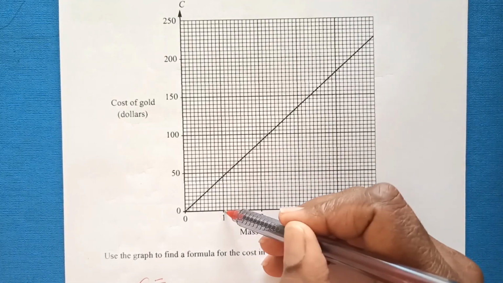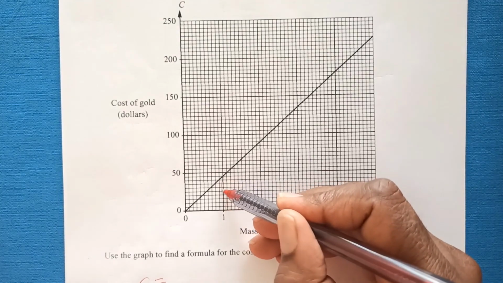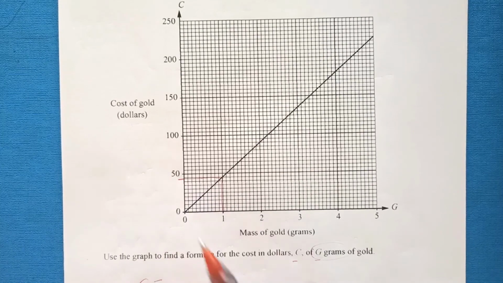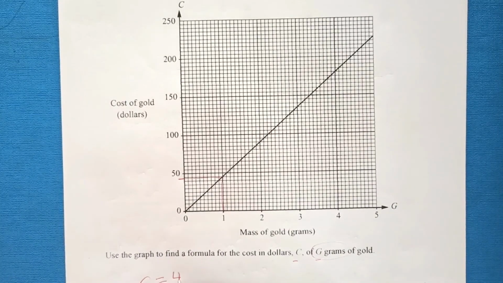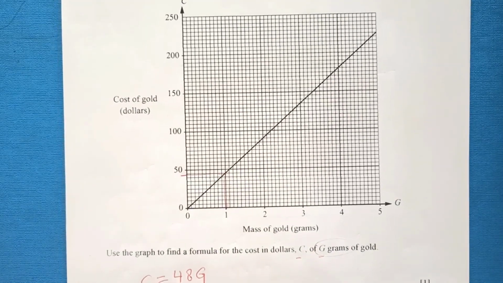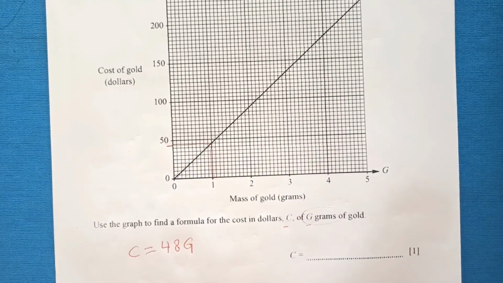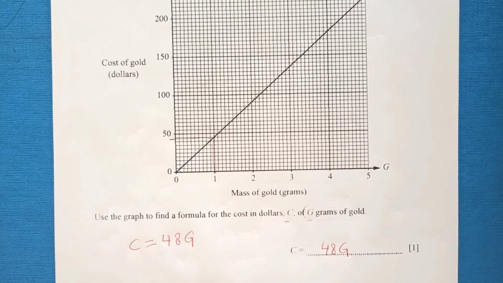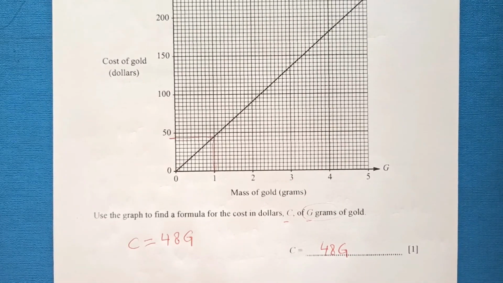For the 1 gram, if we go along this way, we have here on the axis 48 dollars. So simple, we have the formula of C equals 48 G. So this is the end of this paper.